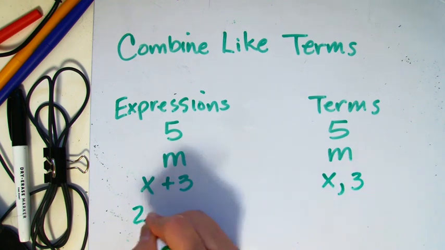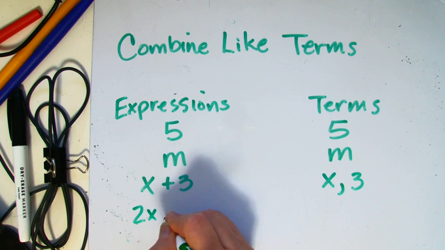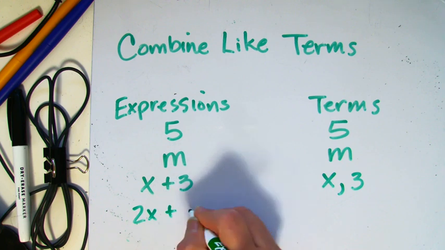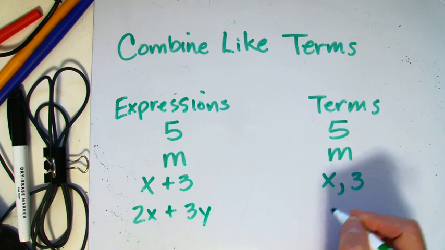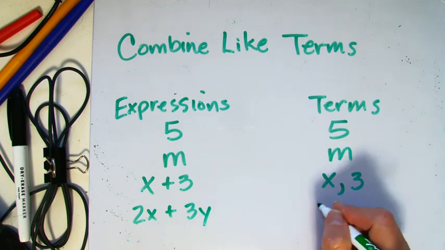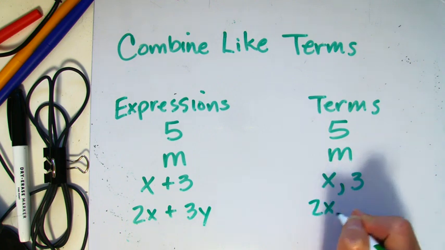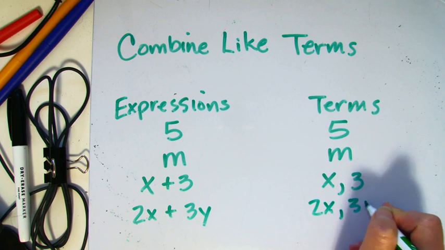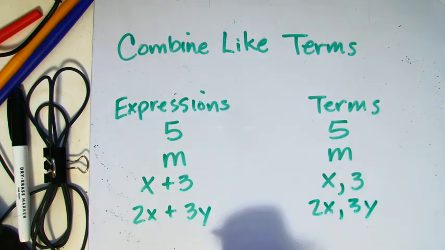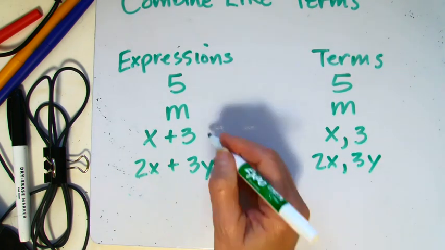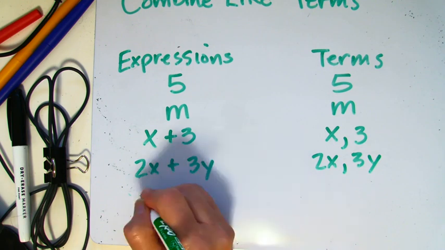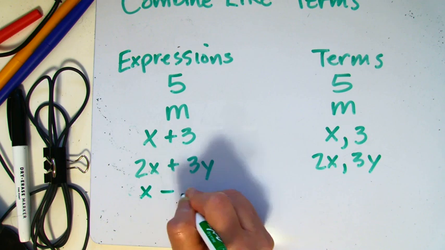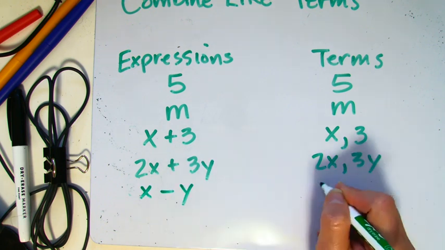We can have a coefficient with a variable added to another coefficient with a variable. And these terms would be 2x and 3y. Now these two represent addition. We can also have one with subtraction, like x minus y.